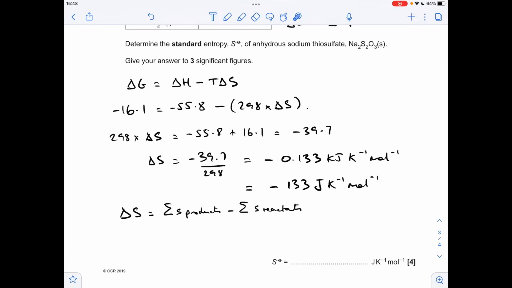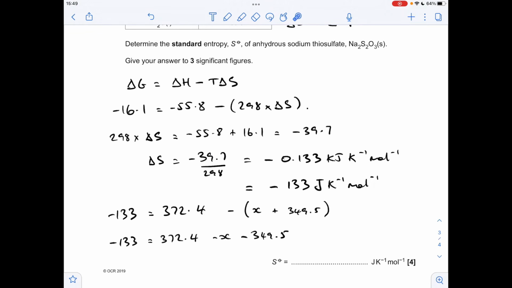So now we've got that delta S value, we can bring in the equation that helps us calculate delta S. Remember, we want to calculate the entropy of one of the reactants, the sodium thiosulfate. So I'm just going to put the numbers into this now. So we get that there. The X obviously represents the entropy for the sodium thiosulfate, and this is the 5 times the H2O value. So all we need to do now is isolate X and find out its value.